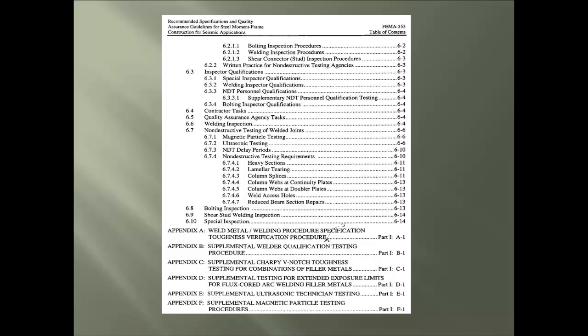And to close part 1, we see it closes with 6 appendixes that cover both welding and welder qualifications, Charpy V-notch toughness testing, flux core arc welding wire exposure limits, and non-destructive testing procedures.